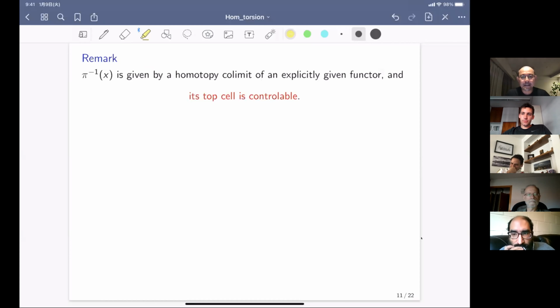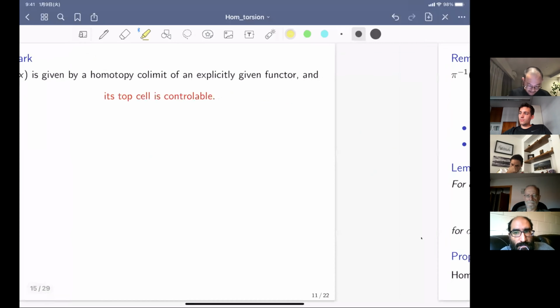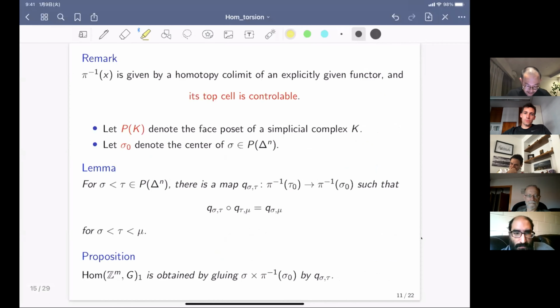This is the point of my talk. Now we are considering a fiber-wise structure of Hom ZMG1 over an n simplex. And so then we define a functor Fm and use this fiber-wise structure to show that Hom ZMG1 is actually a hocolimit of Fm.